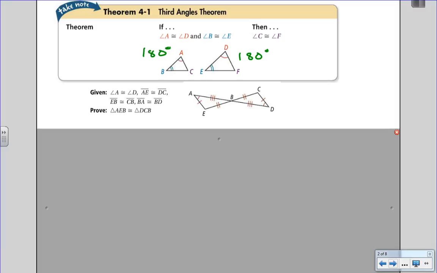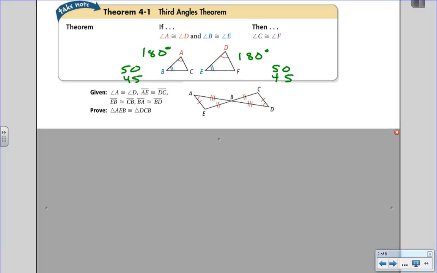So let's say angle A and angle D were both, those look like they're about 50. Let's say B was, that looks to be about 45. Okay, so angle B and angle E are 45.